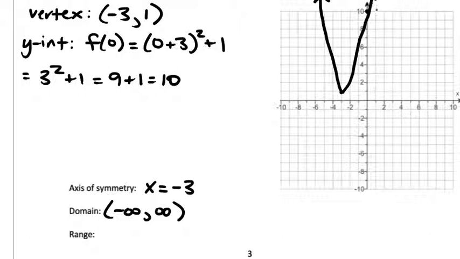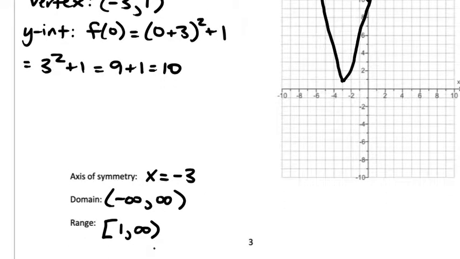Remember, with range, you're looking at the y-axis. Domain, you're looking at the x-axis. So my range here is 1 up to infinity. I'm including 1, so square bracket around the 1, and then always parenthesis around the infinity symbol. So that's what the graph of example 2 will look like.